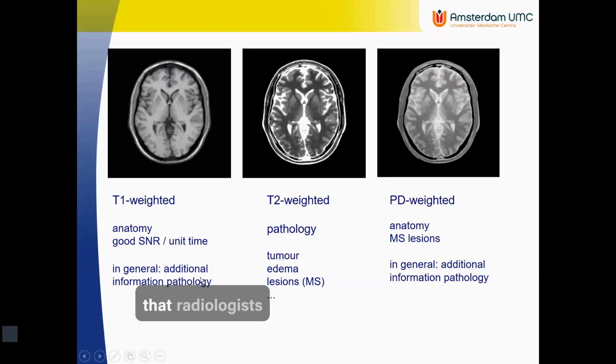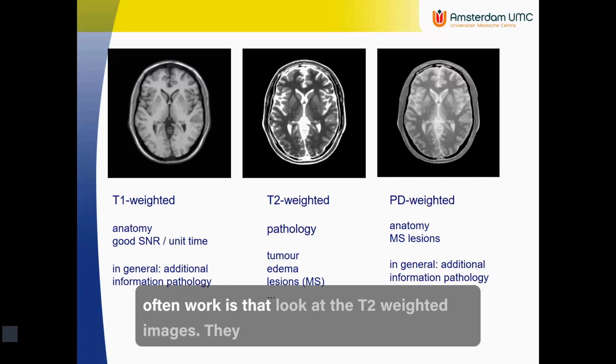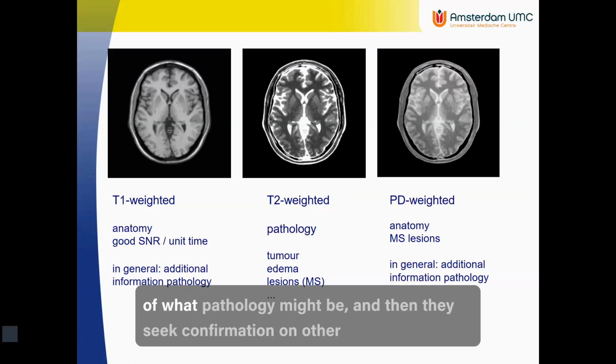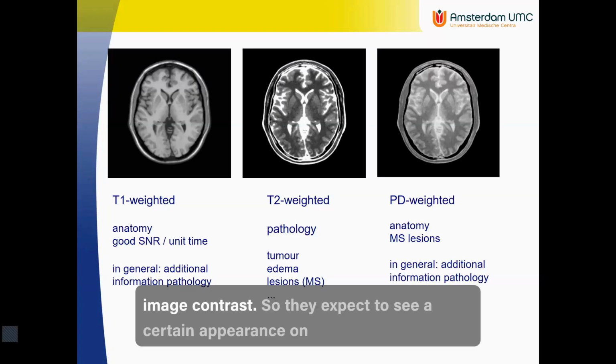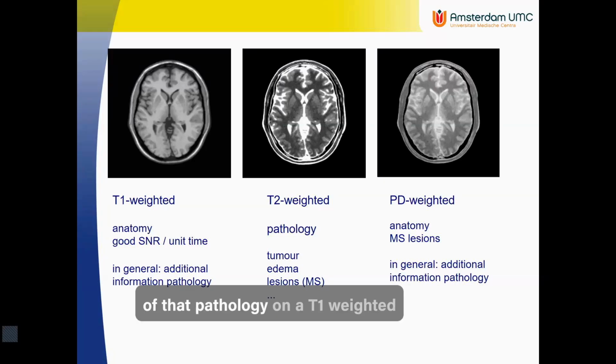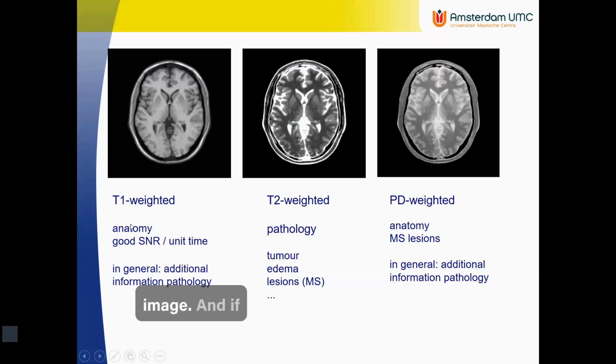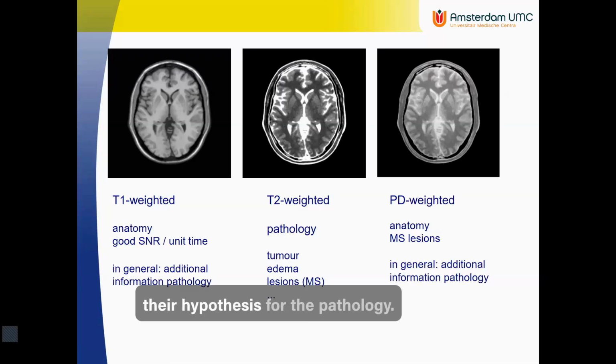Radiologists often look at the T2-weighted images first, get an idea of what the pathology might be, then seek confirmation on other image contrasts. They expect to see a certain appearance of that pathology on a T1-weighted image, and if that is what they see, it confirms their hypothesis.